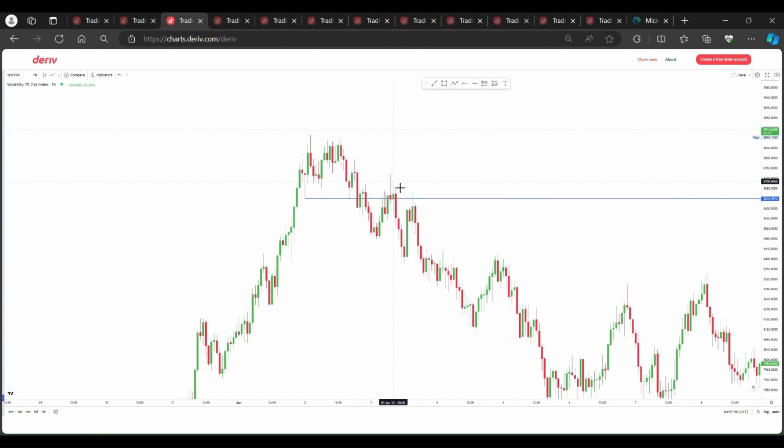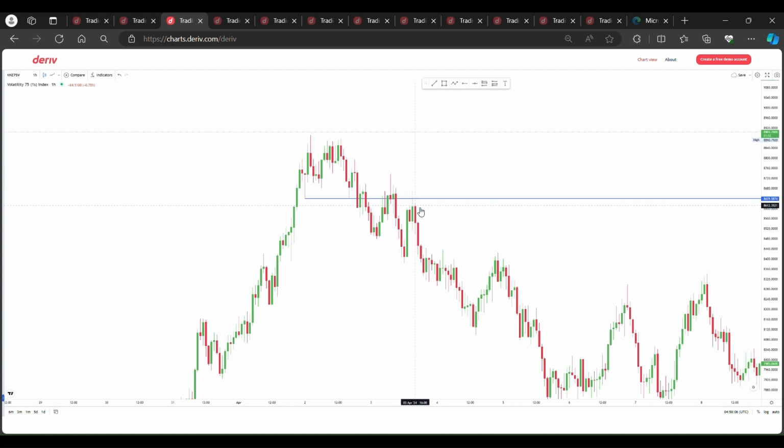Then price came up again, then pushed down. Then at this point here, you can see the weak rejections. Most times, whenever price wants to respect these particular points, it's always weak rejections. Sometimes you see a candlestick, but most times it's weak rejection, telling you that these points are powerful.